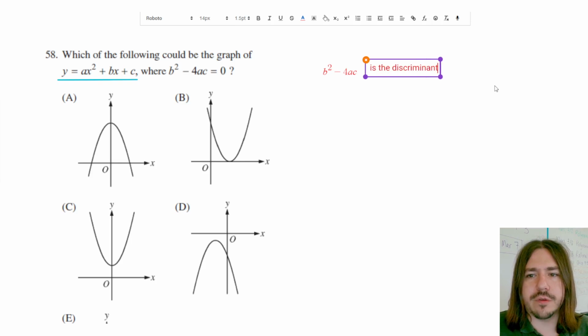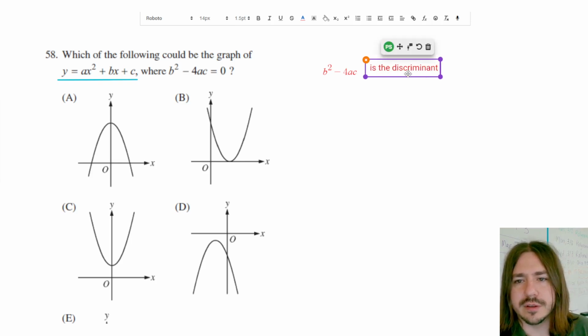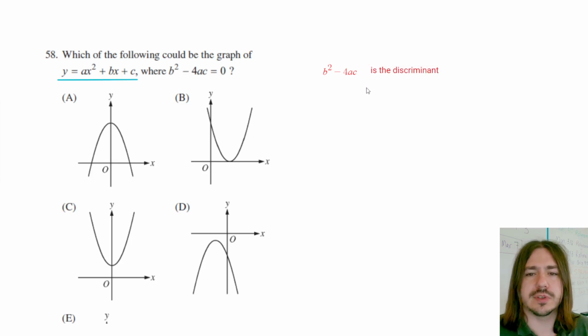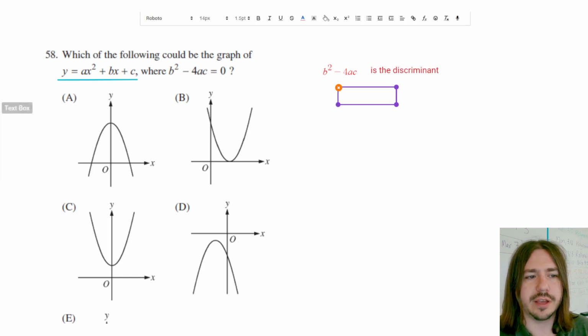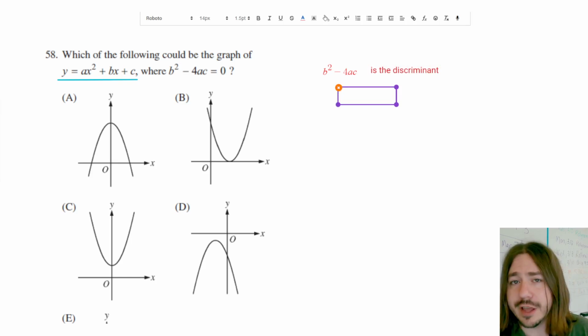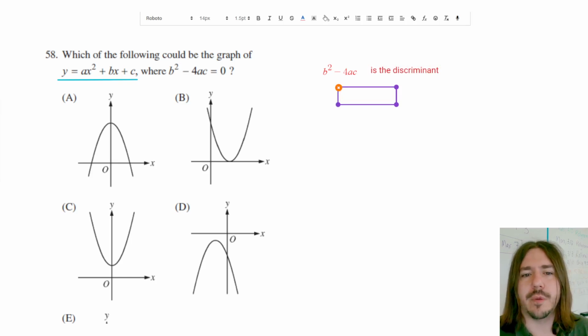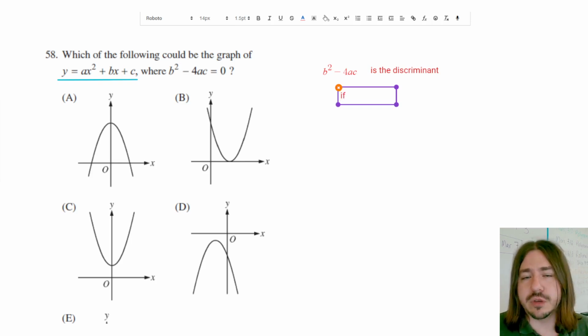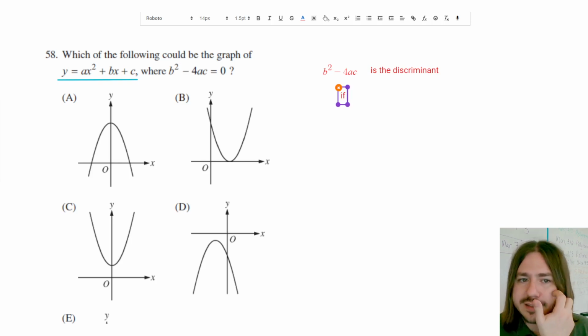And the value of the discriminant will tell you how many real roots your quadratic will have. Depending on whether it's positive, negative, or 0, will tell you how many total roots they have. I know here it says it equals 0, but I just want to go through all the cases in case you come up with a similar problem where it says something like b squared minus 4ac is less than 0, something like that.